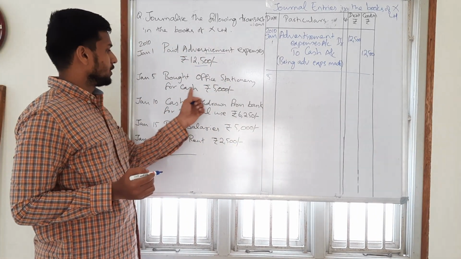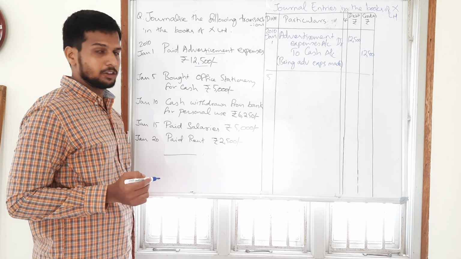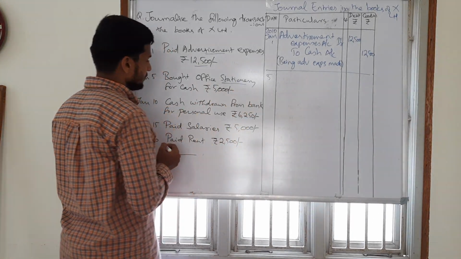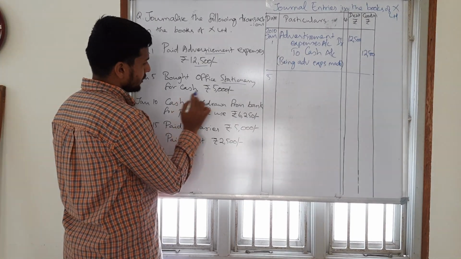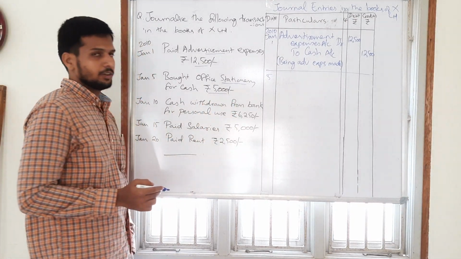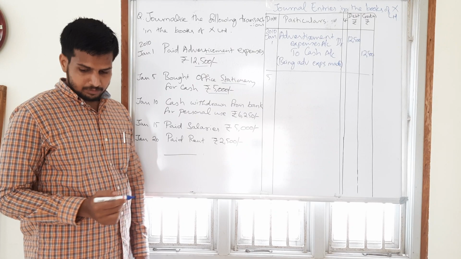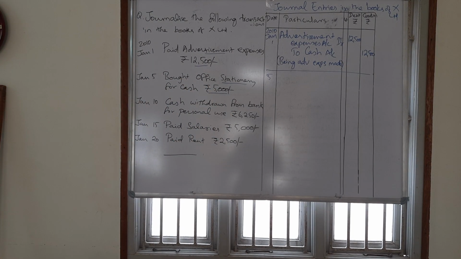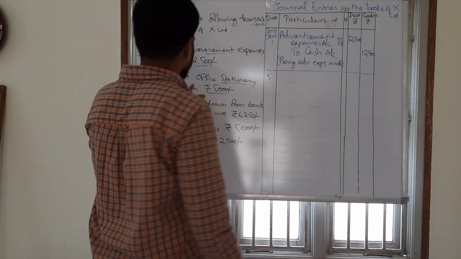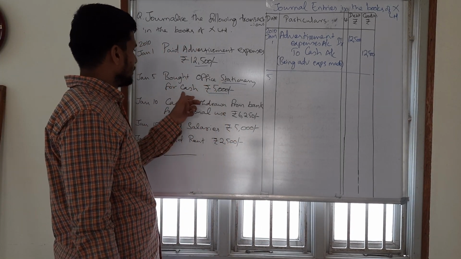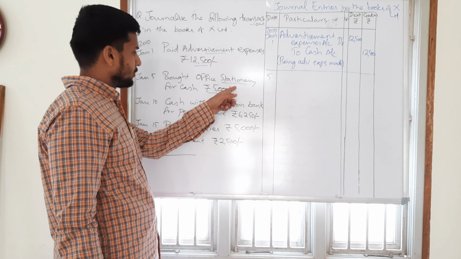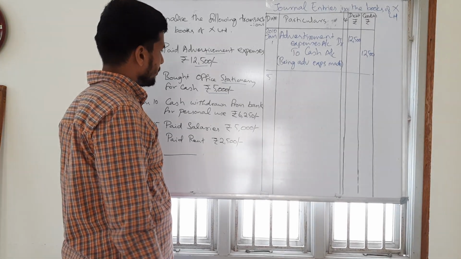Bought office stationery for cash rupees 5,000. Here the two accounts that are affected are office stationery and cash.